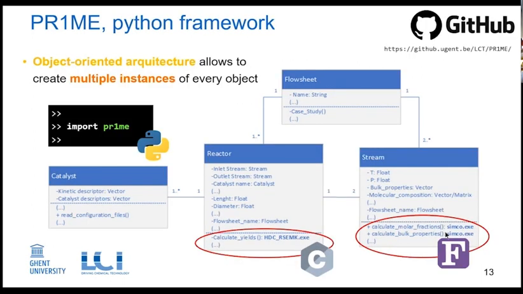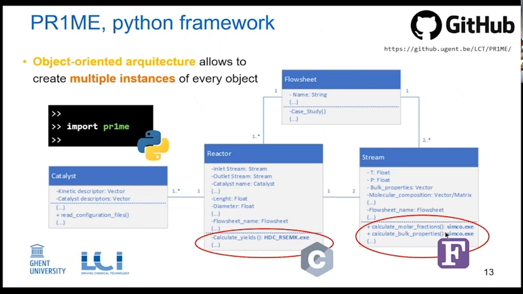A bit more detail about what's behind Prime. It's a Python library that combines the different objects I was describing before. Originally, Prime was developed with two separate software packages: one for the reactor model, written in C, and another for molecular reconstruction, written in Fortran.